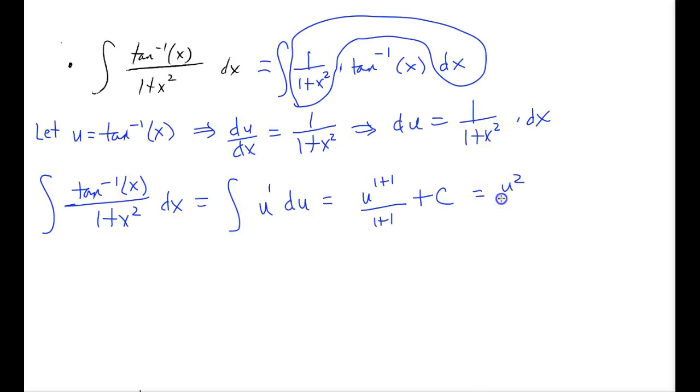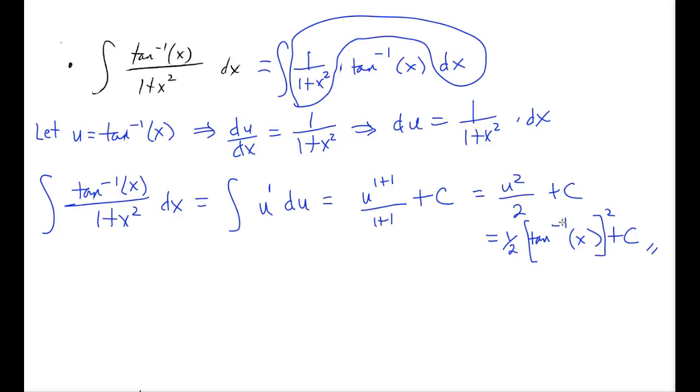So that would end up being u squared over 2 plus c, which will end up being 1/2, and our u, again, is tangent inverse of x. Let's make that look a little nicer. Plus c. And that would be our answer there. But we would have to square that. Yep, I forgot that. Take that and square.